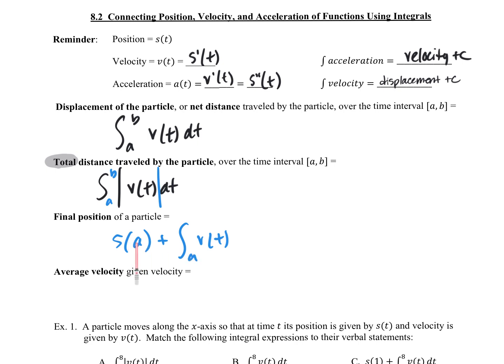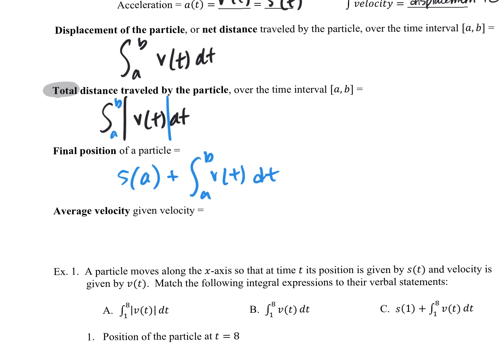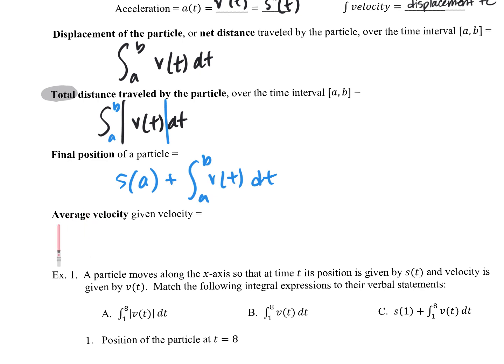Let's say it would have taken them about an hour and a half, so let's say my A was an hour and a half here. My position an hour and a half in was 9 miles. I just drove there though. And then I'm going to take the integral of my position starting at that hour and a half and then going to that B, ending with them. I just cheated.